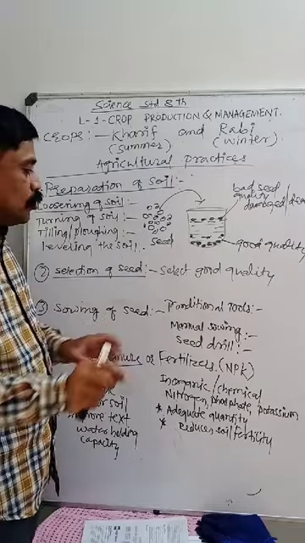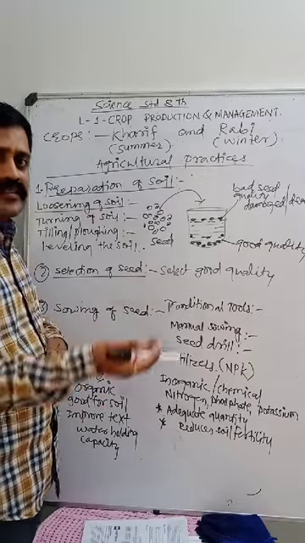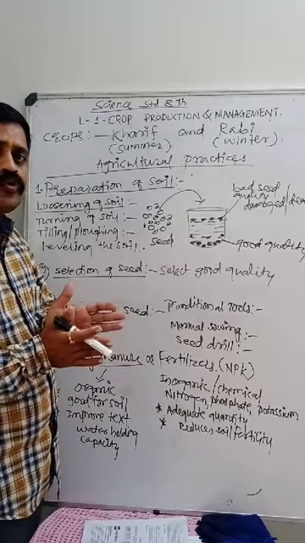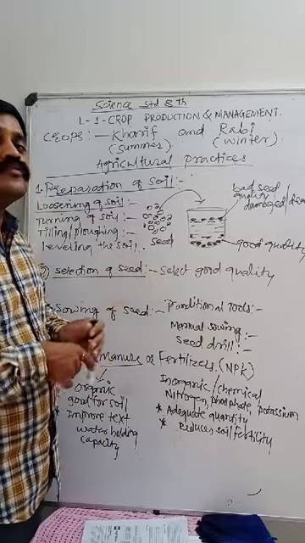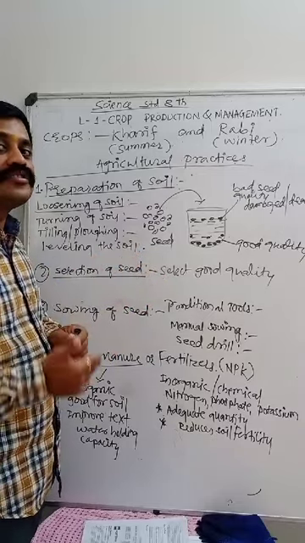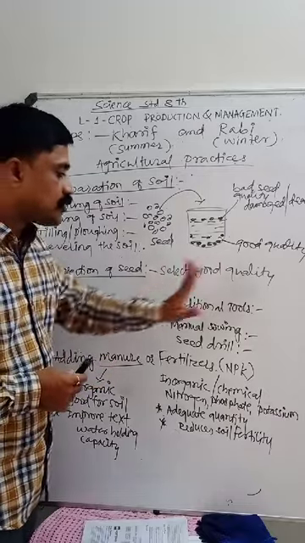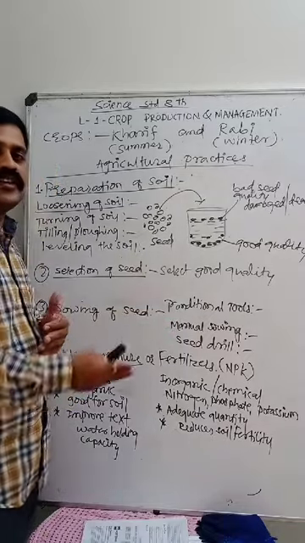Sowing of seeds: there are several methods nowadays. Modern agriculture farmers are using different machines, but some farmers are not that rich, so they are doing it manually. Traditional tools are there, manual sowing is also there, and seed drill is there.